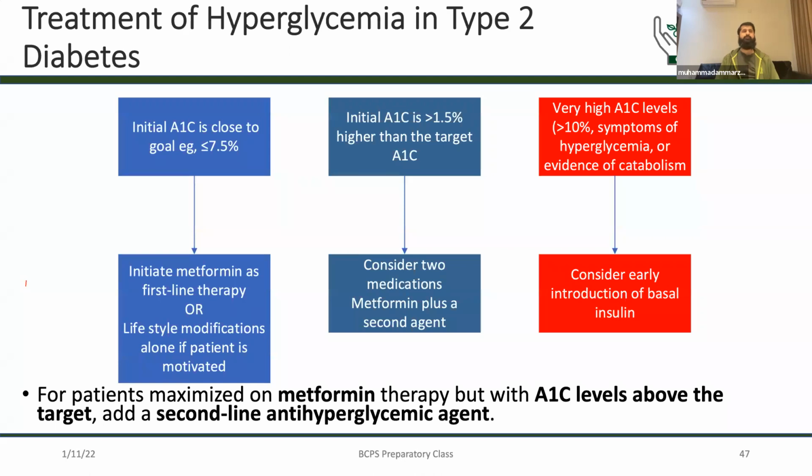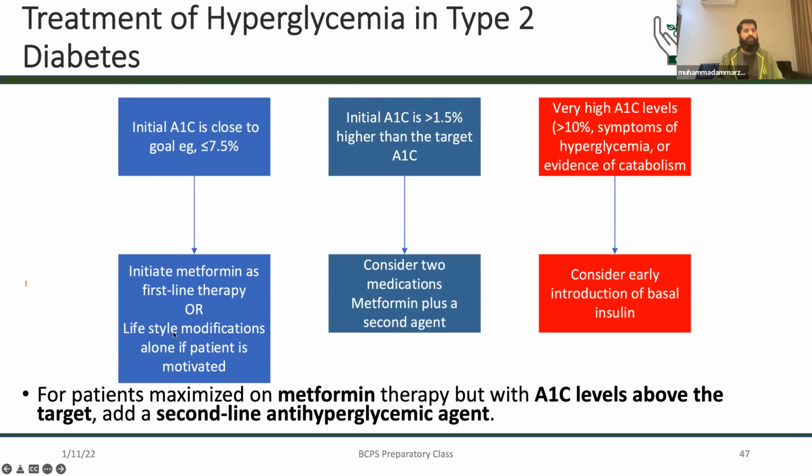So for example, if the patient of type 2 diabetes has an A1C level that is very close to the goal. So the goal is, for example, 7, and the patient is having an A1C of less than 7.5. So in such a patient, it is much easier to control the A1C level. So you only use metformin as a first line therapy.